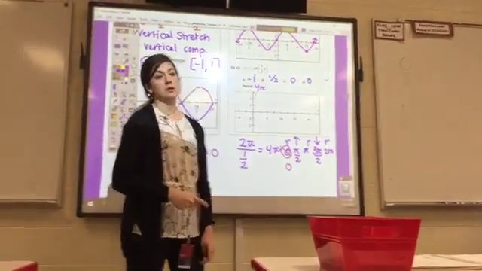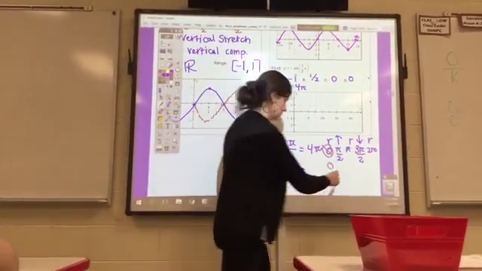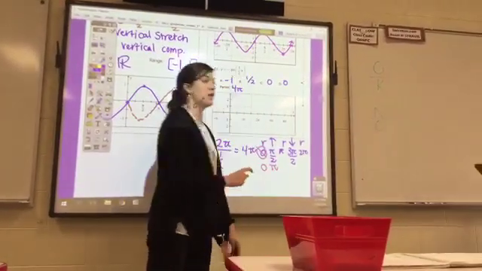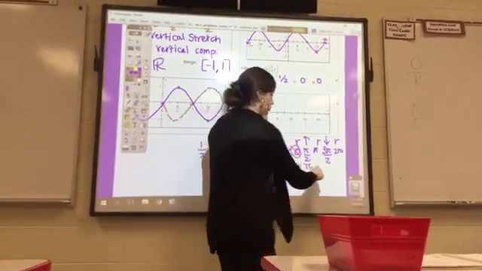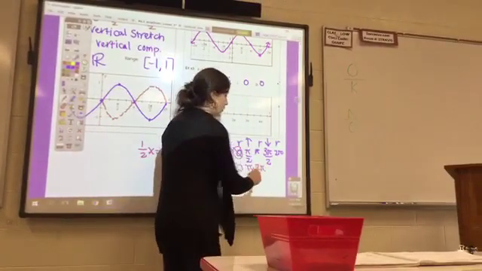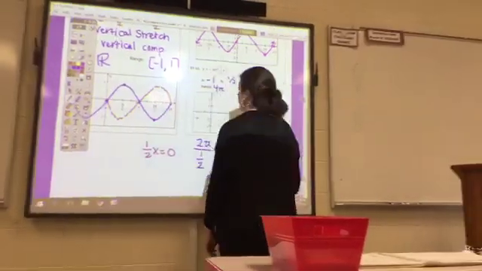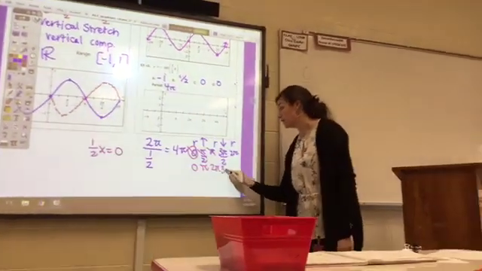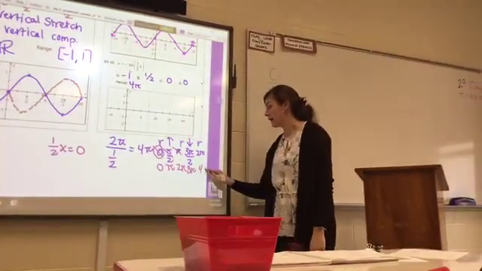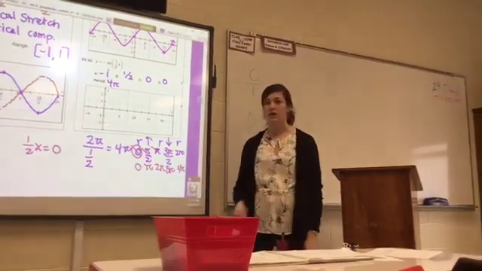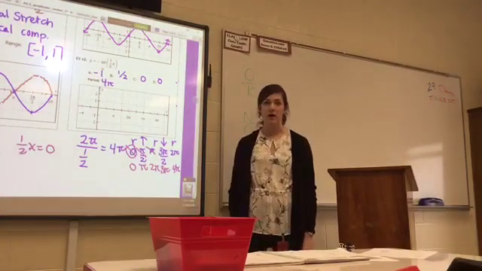What's pi over 2 times 2? Pi. What's pi times 2? 2 pi. What's 3 pi over 2 times 2? 6 pi over 2, which is 3 pi. And then 4 pi. Do you see the period now?